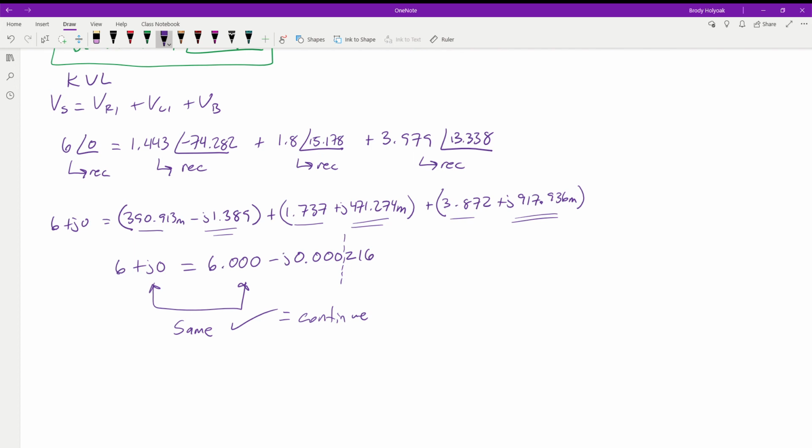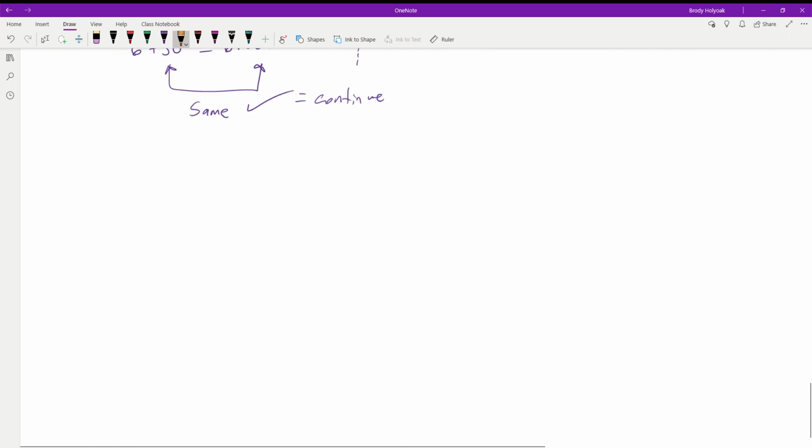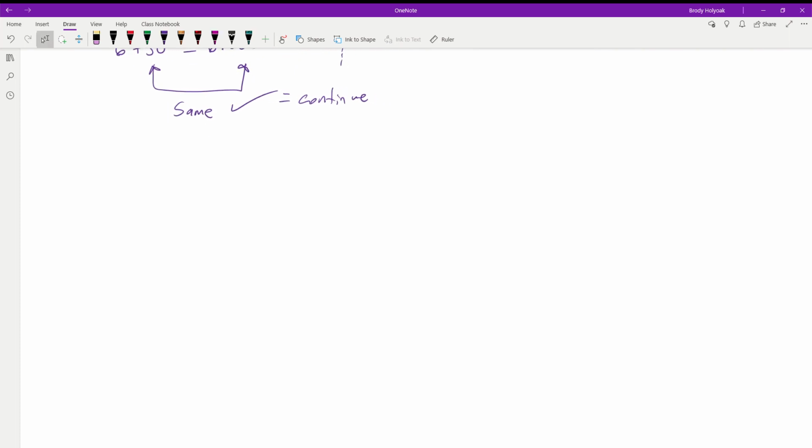The next part that we need to find is our current through branch B and through branch C, since we know that our voltage drops are all correct, at least according to Kirchhoff. And usually if Kirchhoff is agreeing, then we've done everything else right.